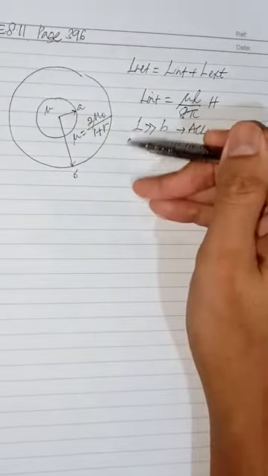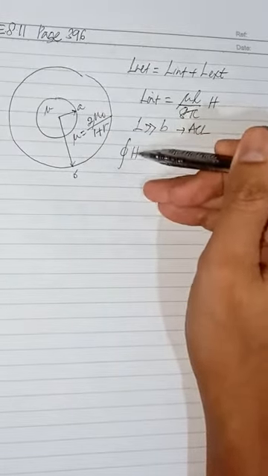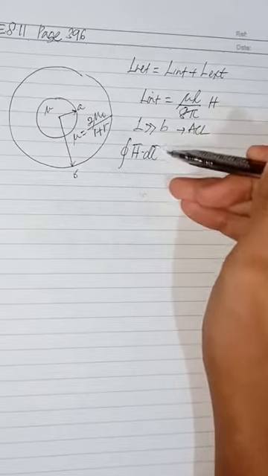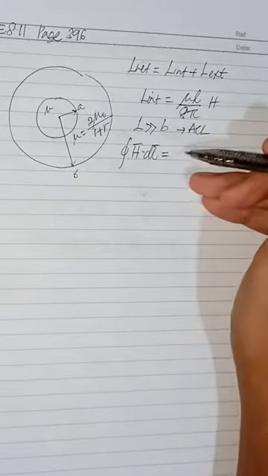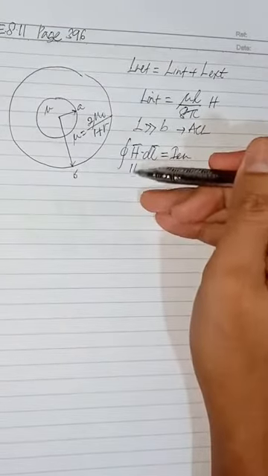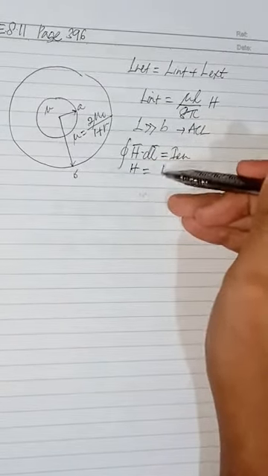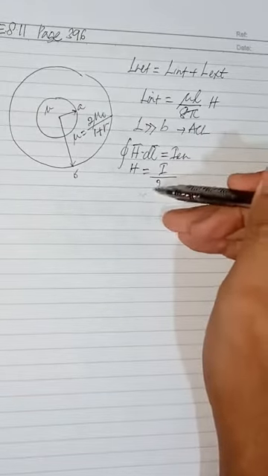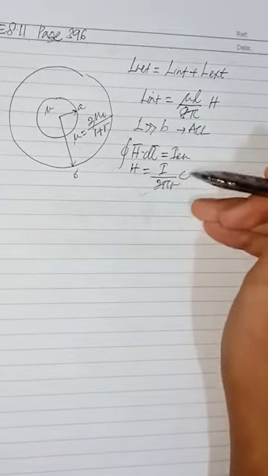So again, applying the ACL, closed integral H dot dl is equal to I enclosed, right? So now again we have H is equal to I over 2 pi r in the phi direction.